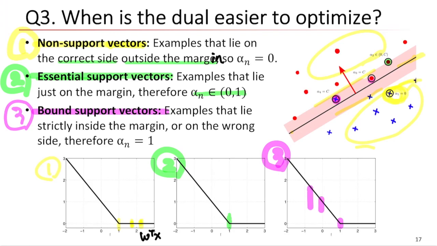So these samples contribute to learning this decision boundary rather than this one and this one. Okay, so this is the bound support vector. So by just analyzing this alpha value, we can see what is a non-support vector, what is an essential support vector, and what is a bound support vector.